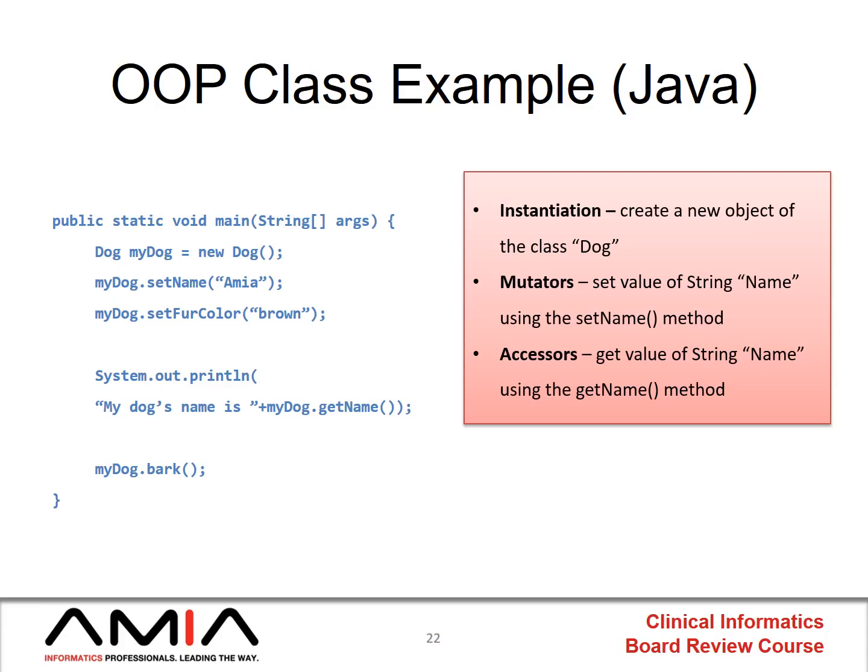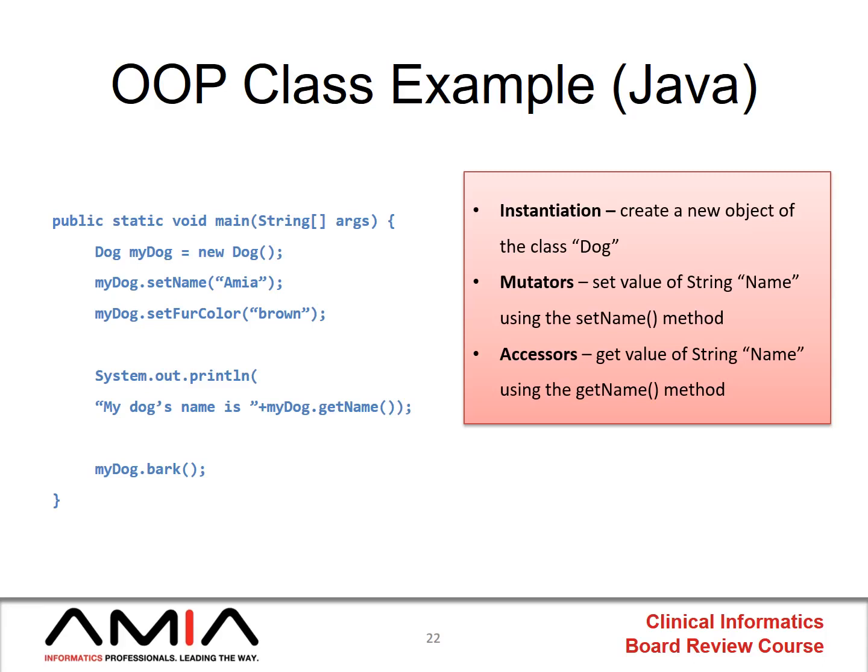Now, the first thing I want to do, which is the next line, is to change the name of this dog. And remember, I can't just say myDog.name equals something because it's a private string. I can't access it directly. I have to go through the setName mutator.